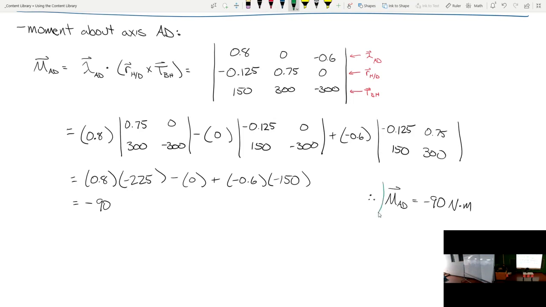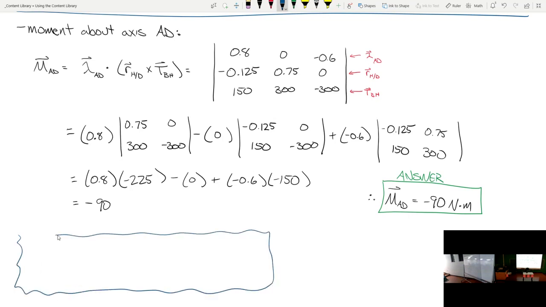So that's the answer. Now, I know that we're all itching to leave, but I want to say something before we leave. Note what you should do on your own: other R vectors work.